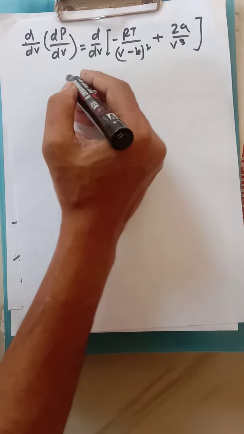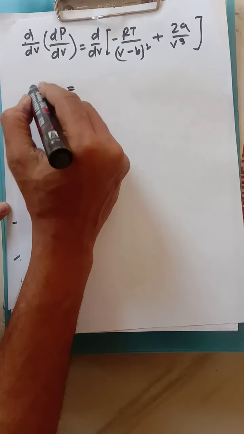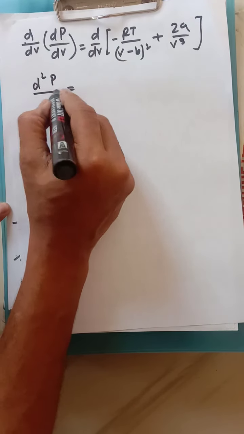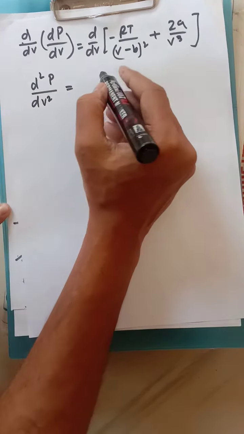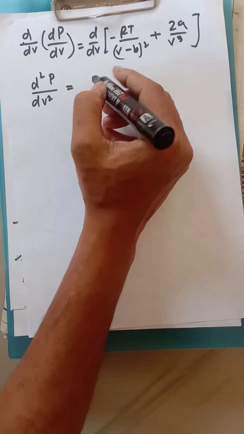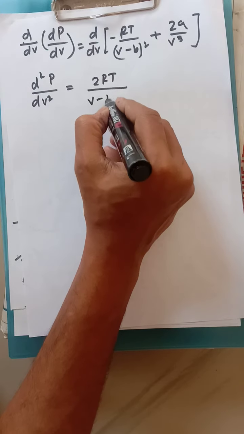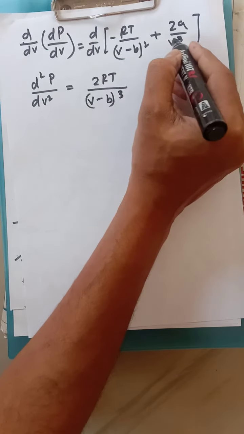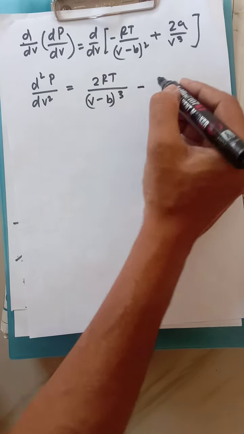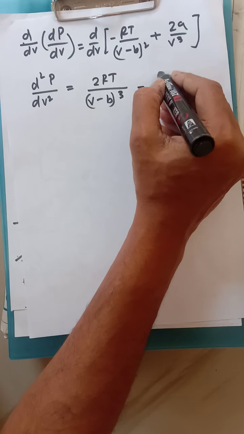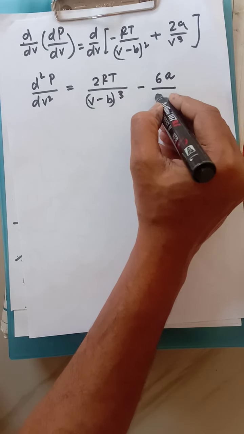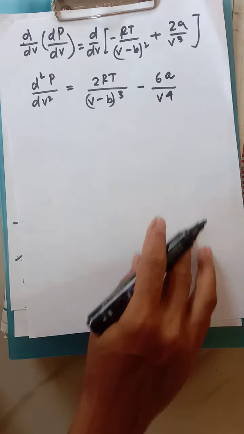So if we do the second derivative over here, that is d2p/dv square, the same formula is applicable: 2RT/(V minus B) whole cube, and here it will be minus 3 into 2, that means it becomes 6A/V to the power 4.